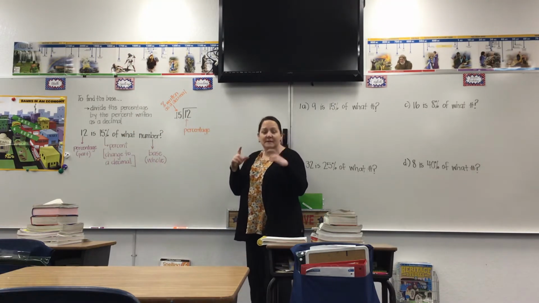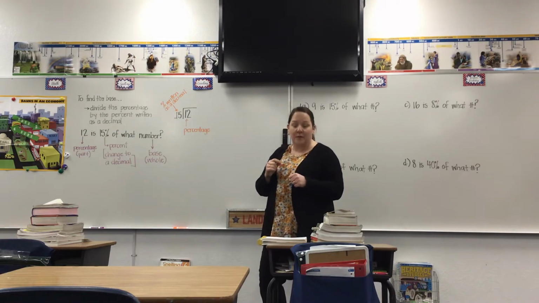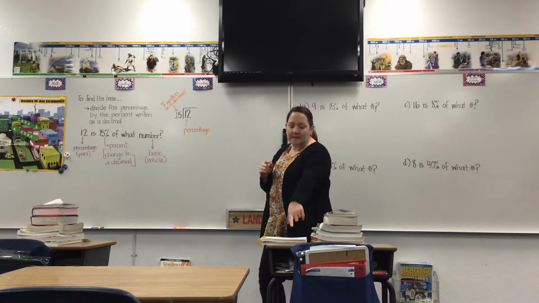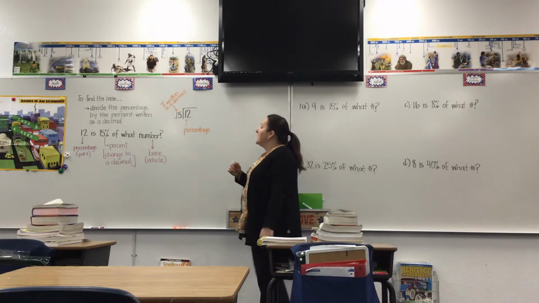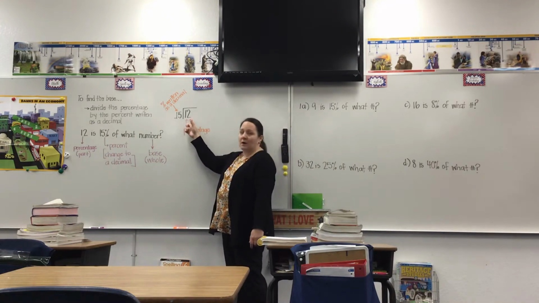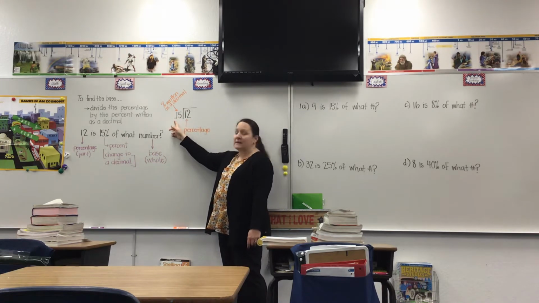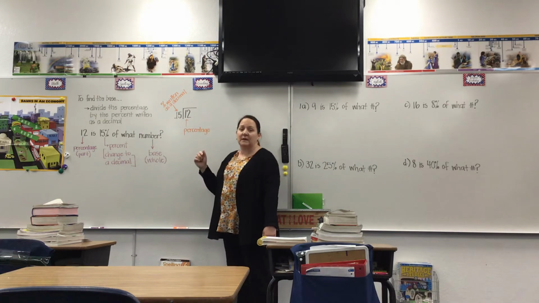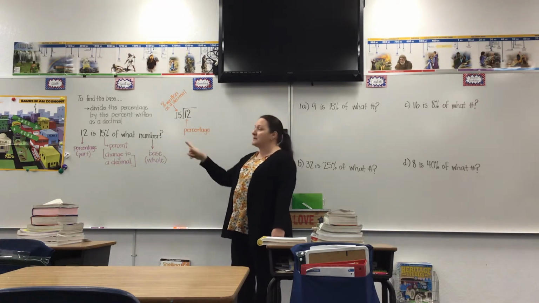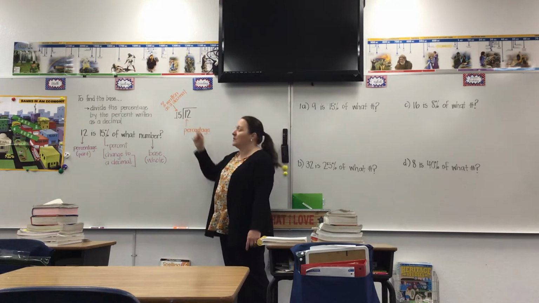And by the way, this is at the top of page 203, and it is the example from page 203. So I took my percentage, my part, it becomes my dividend. It goes inside the house. And then I have my percent written as a decimal, because 15% written as a decimal, we move the decimal point 2 places to the left and we get 0.15.